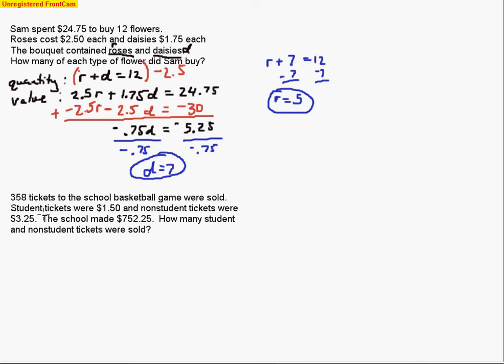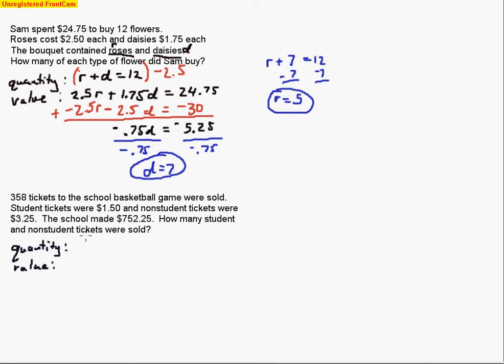We have two different types of tickets. Student tickets $1.50, non-student tickets are $3.25. Very similar to this problem here. It's another quantity value problem, and so those are the two different types of equations we're going to set up.